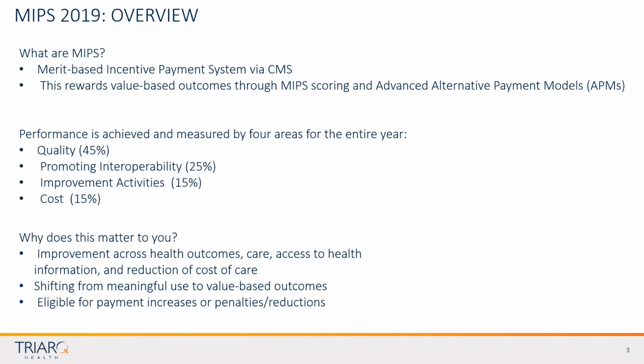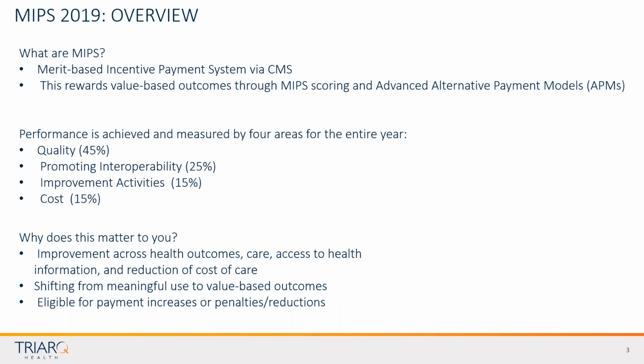And then the most important part of this slide and really the presentation is, why does this matter to us? I know it can be a bit strenuous at times going through some of our MIPS, trying to get all of these clicks. When do you have time in the day to do this? But this really comes down to an individual and systemic focus on improvements overall in healthcare, which in turn will really improve access to health information for patients and ultimately reduce cost of care for everyone.